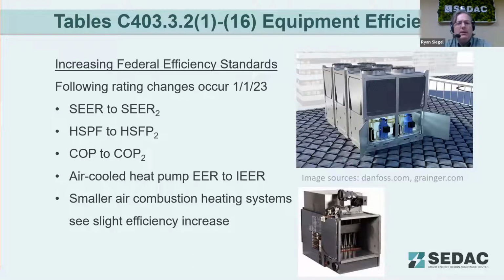So something that we do note is there is an upcoming change to the federal minimum efficiency standards for equipment. So January 1st of 2023. So this comes up in just over 7 months here. And so just being aware that these are changing. So the code just reflects that the minimum equipment efficiency standard is the code minimum.